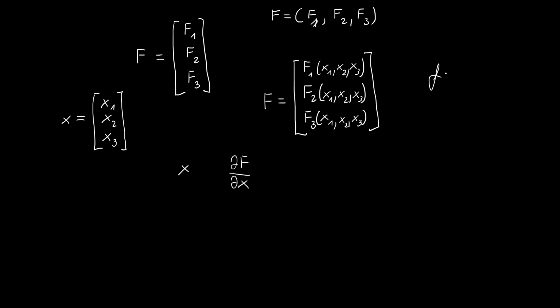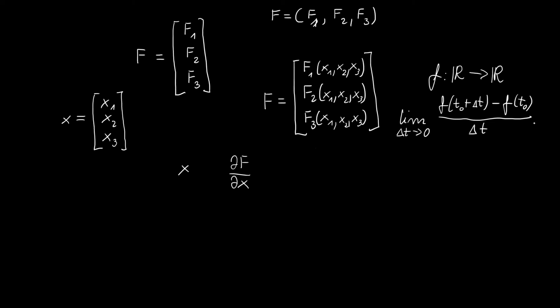If we have a usual function which maps R into R, the definition of derivative is a limit, for some delta t which converges to 0, of f of t0 plus delta t minus f of t0, divided by delta t, if that limit exists.